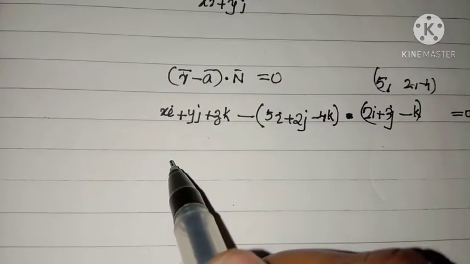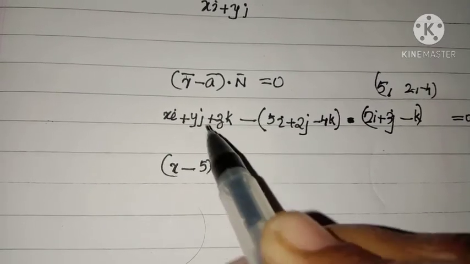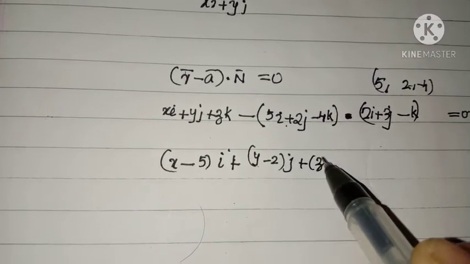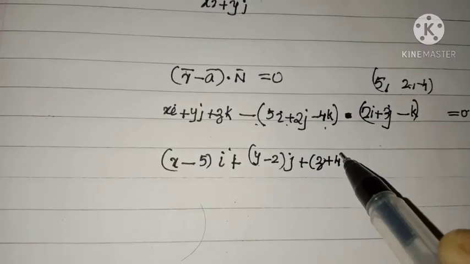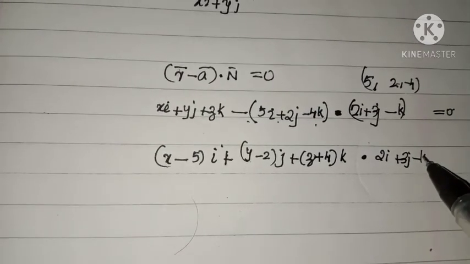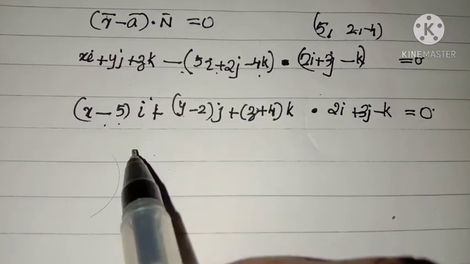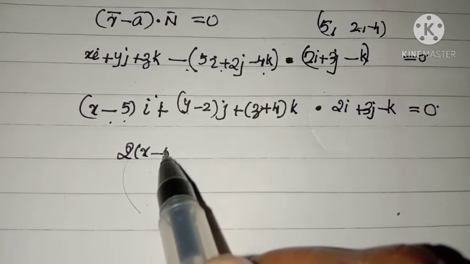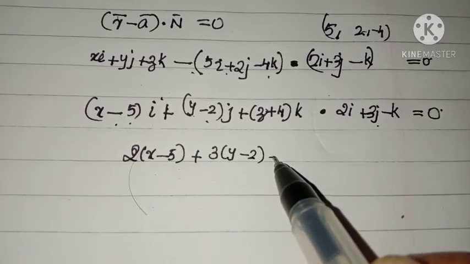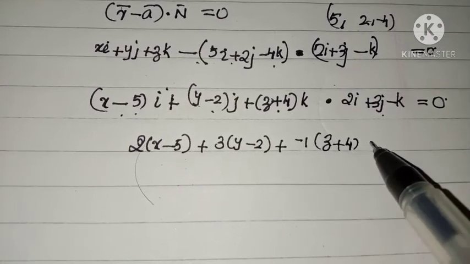Now this is (x minus 5)i plus (y minus 2)j plus (z plus 4)k dot 2i plus 3j minus k is equal to 0. Now take the dot product: (x minus 5) into 2, (y minus 2) into 3, (z plus 4) into minus 1 is equal to 0.